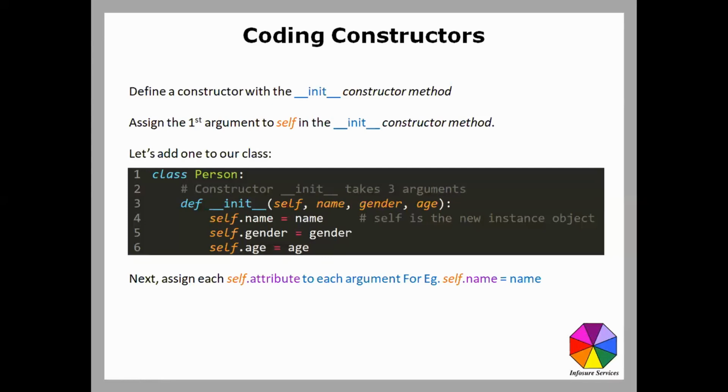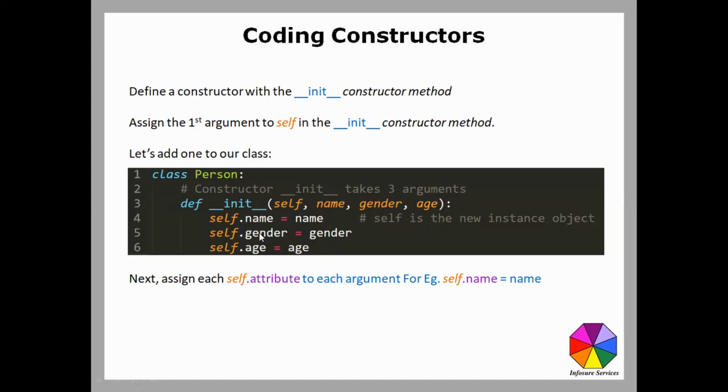The first positional parameter is always the keyword self, which refers to the object that will get instantiated. That object's name is equal to the name I passed here.